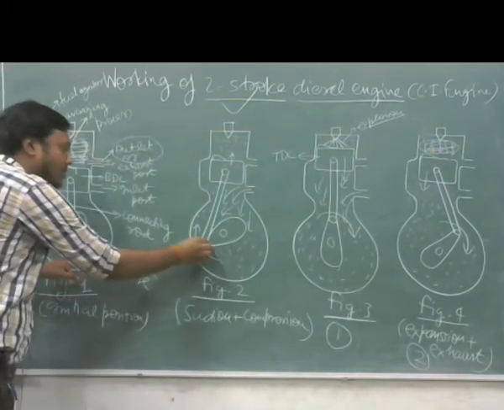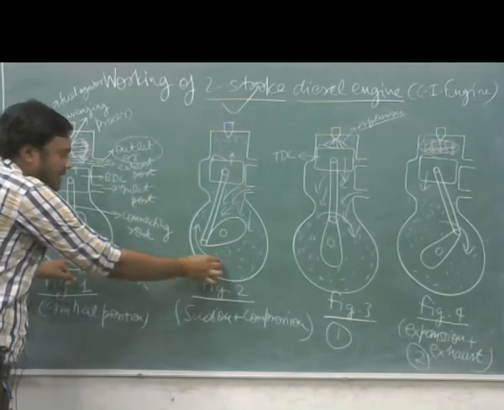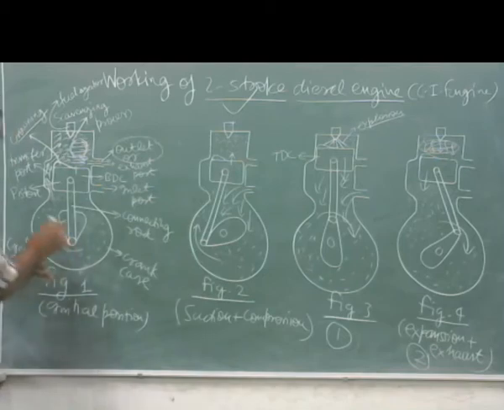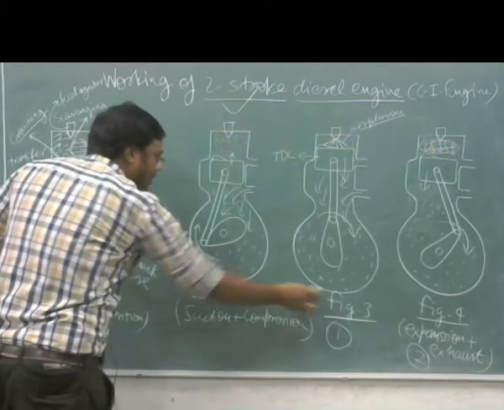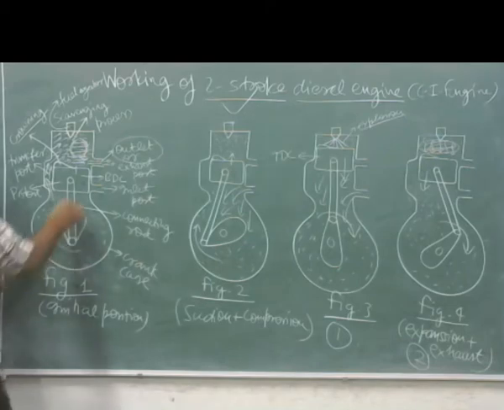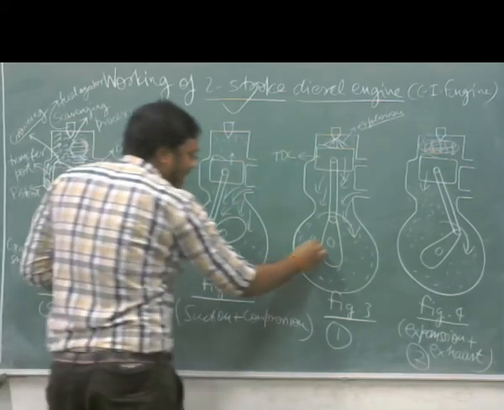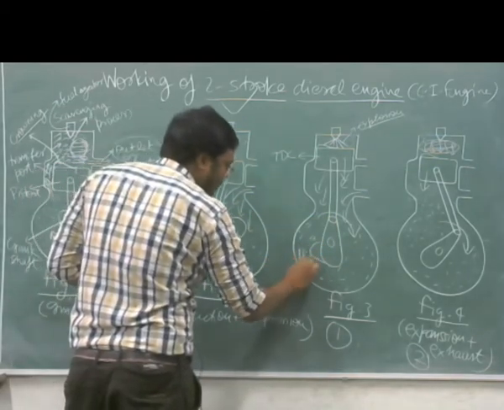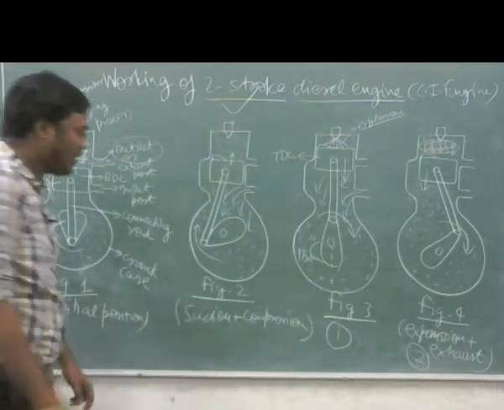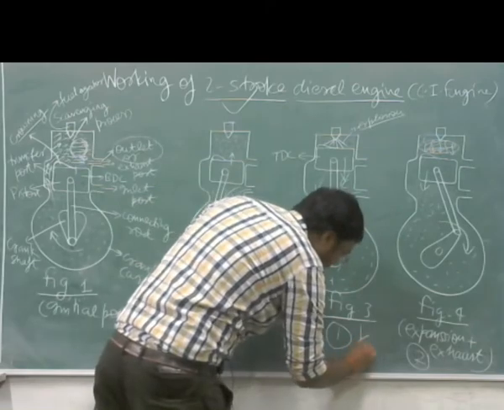This is the midway position. From figure 1 to figure 3, this point comes from the bottom point to the topmost point. So this is the half revolution, 180 degrees.